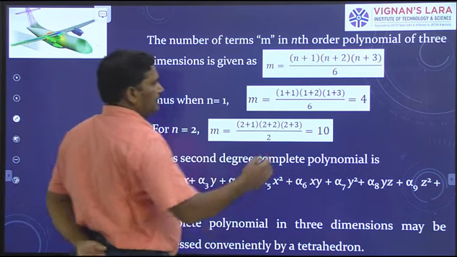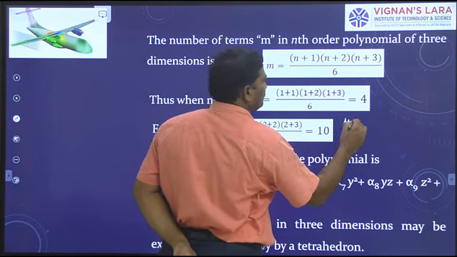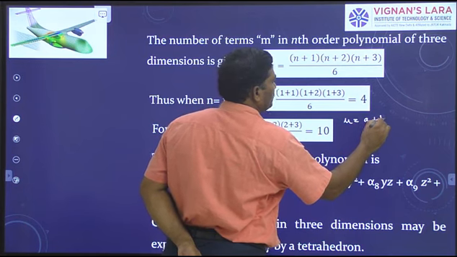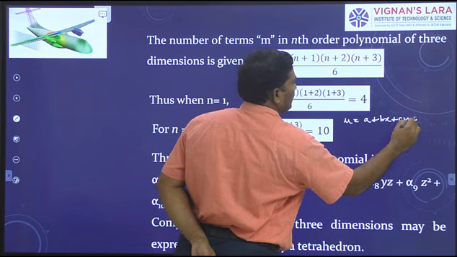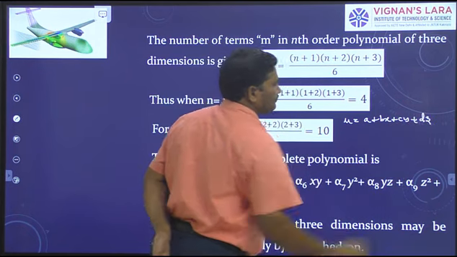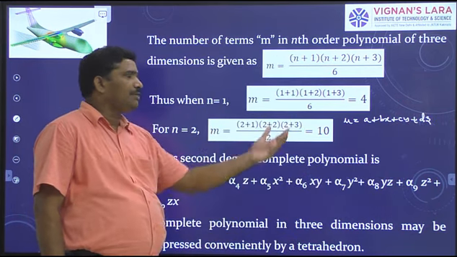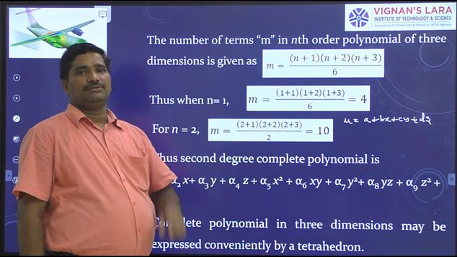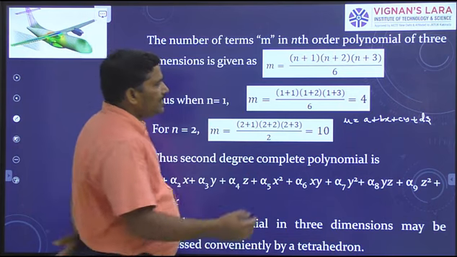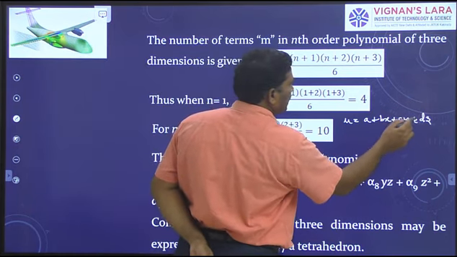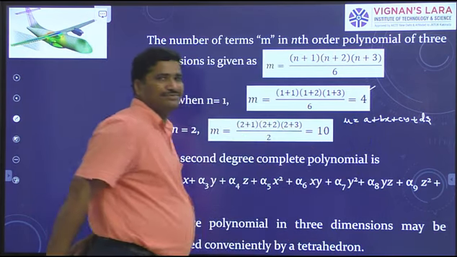Let us see. Say u equals a plus bx plus cy plus dz. Order of this polynomial is 1. It is a linear polynomial of variables x, y and z. How many terms are there? 1, 2, 3 and 4. You have 4 terms.